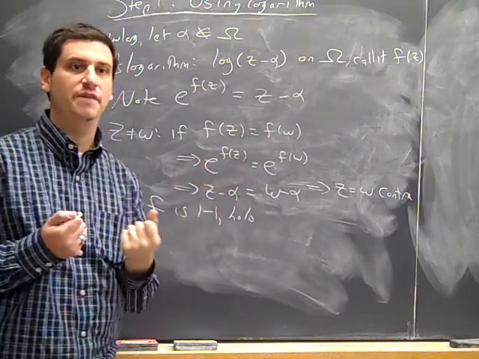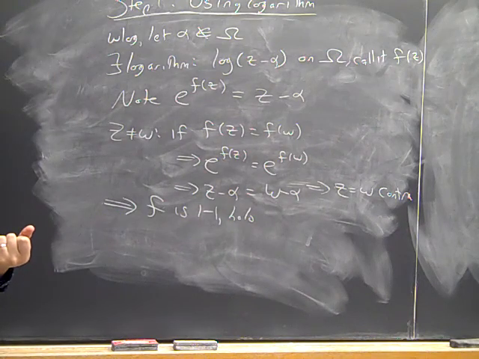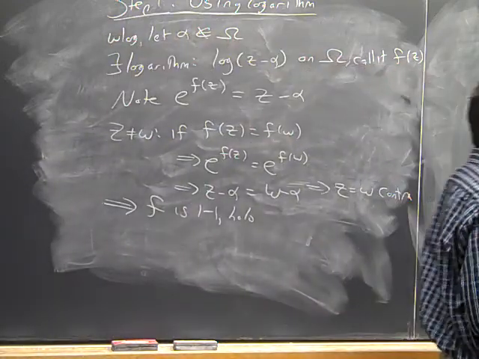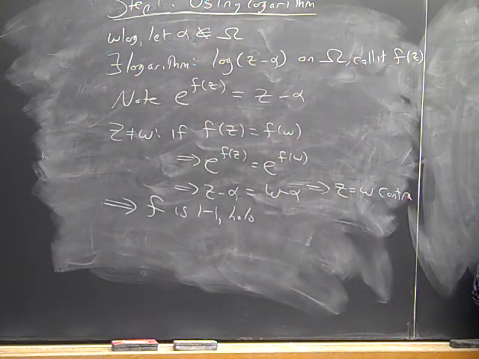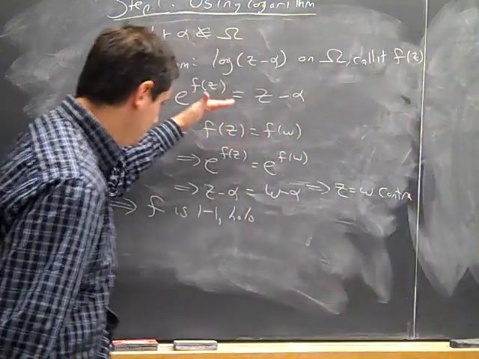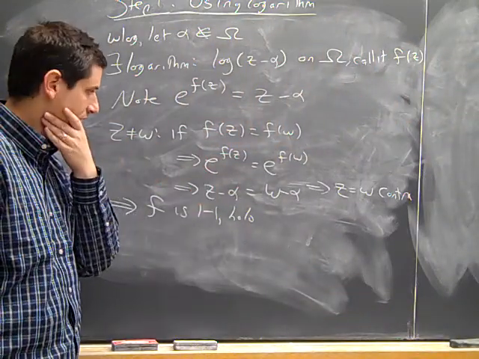Can two numbers have the same exponential? So if you think of e to the z, yes, what two numbers would have the same exponential? E to the 0 and e to the 2 pi i. Ah, so unfortunately the exponential function is not 1 to 1. That didn't really matter here.